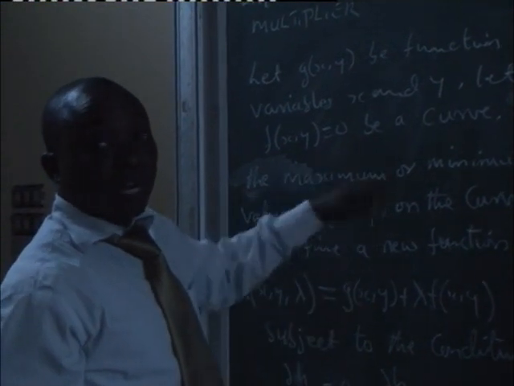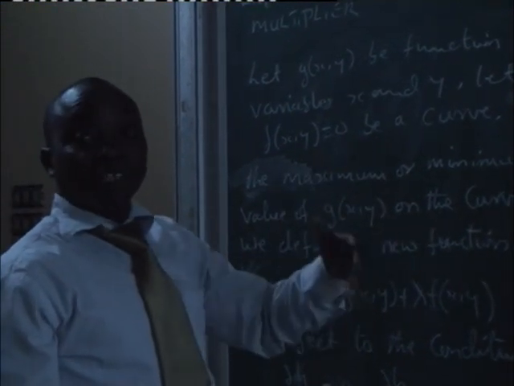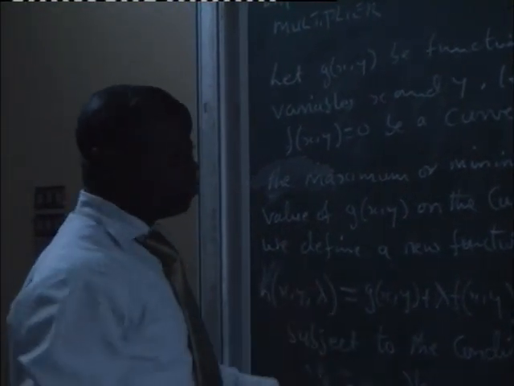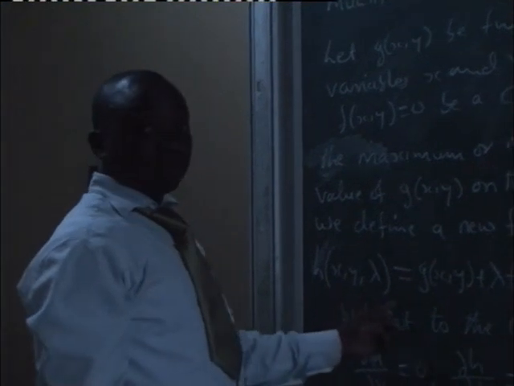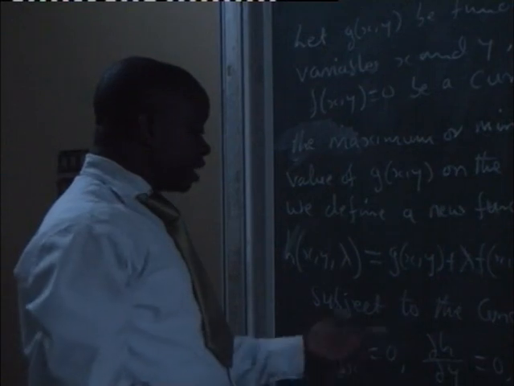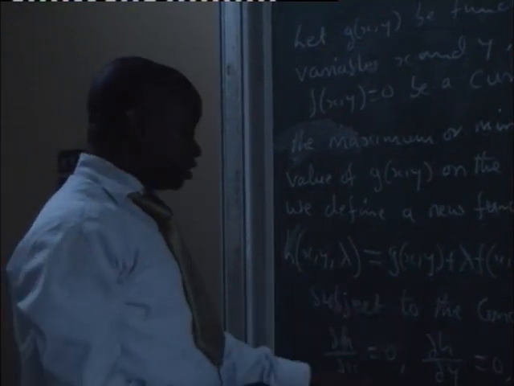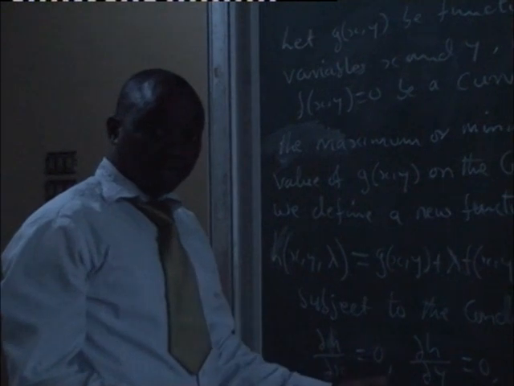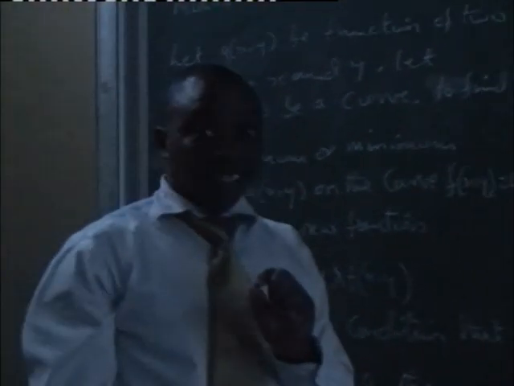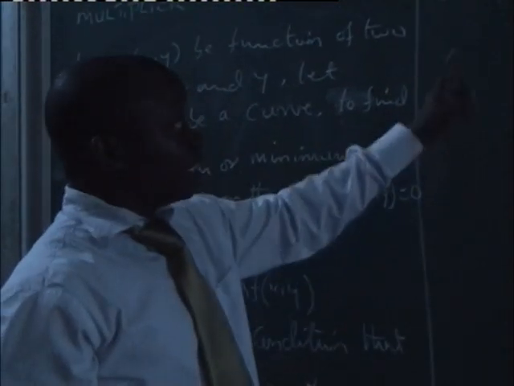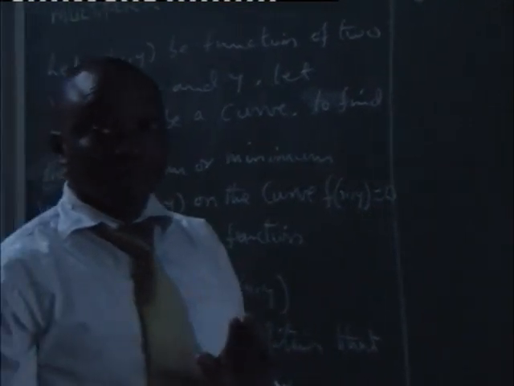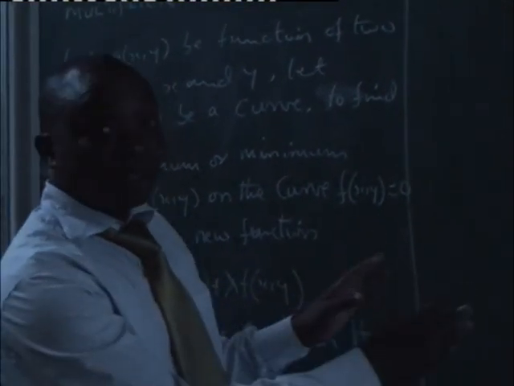For this function to have a maximum or minimum on that curve, what we will do is define a new function, g of x, y plus lambda f of x, y, subject to the condition that partial h, partial x is 0 and partial h, partial y is 0. The parameter lambda is independent of x and y, and that is what we call the Lagrange multiplier. Now we'll look at an example so that we see how it works.